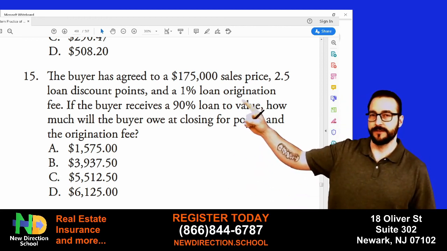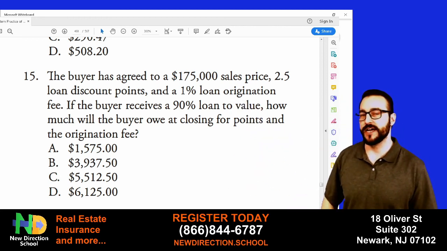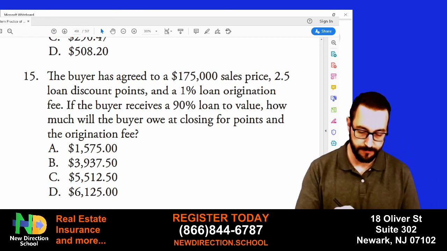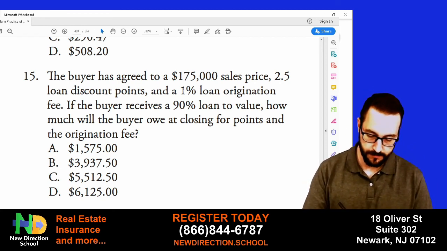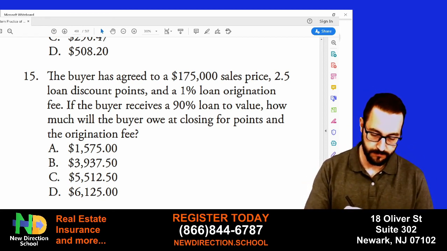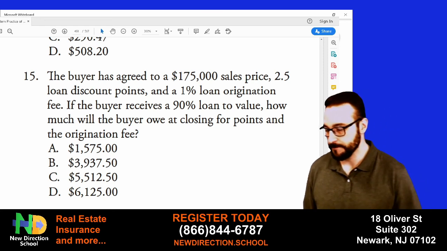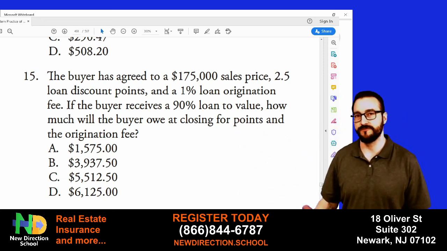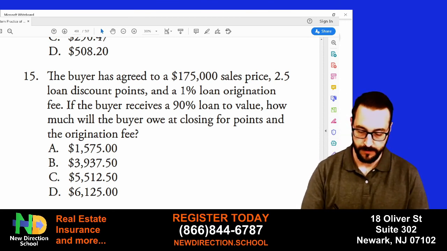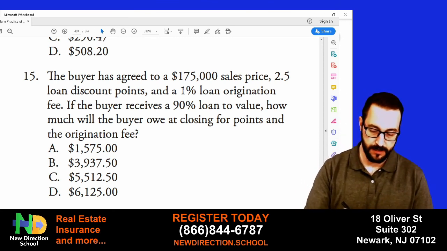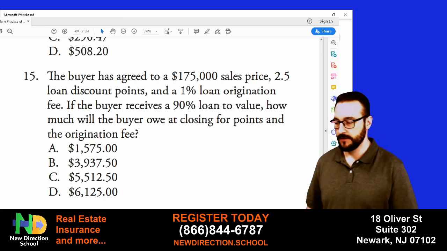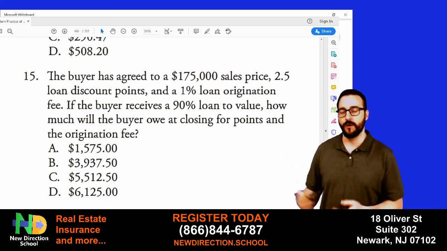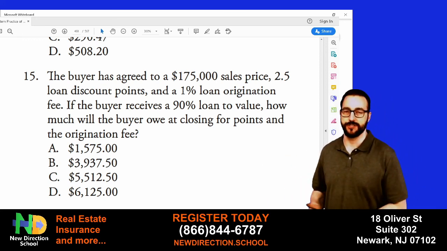And, wait, this is a new one. 1% loan origination fee. If the buyer receives a 90% loan to value, 90% LTV, how much will the buyer owe at closing for points and origination fee?